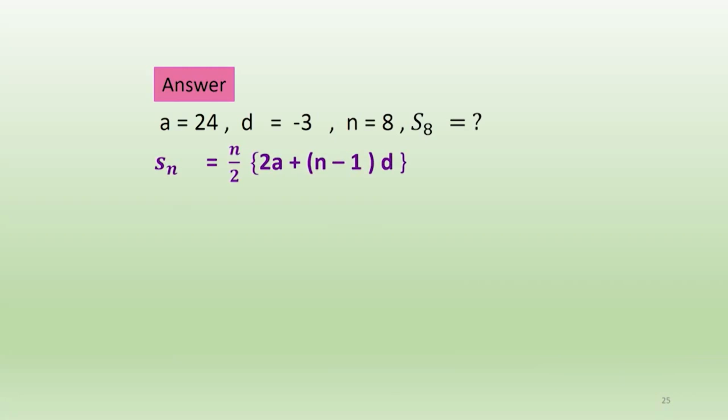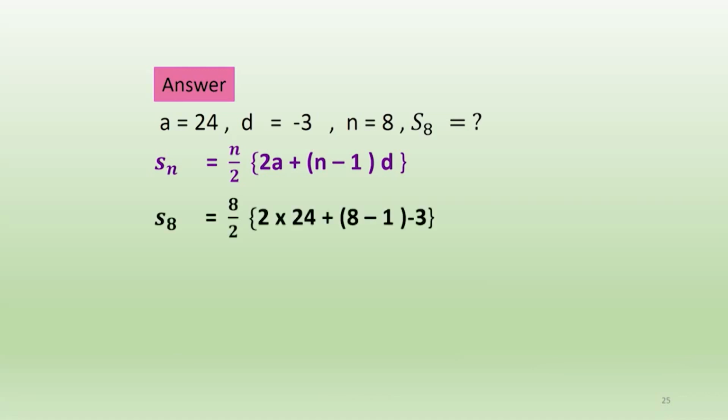Sn equals n over 2 times 2a plus n minus 1d. Okay, here we have to substitute the given values. What are the values here? Sn equals n over 2 times 2a plus n minus 1d. A is 24, d is minus 3, n is 8. Then we are going to find S8, the total number of bars up to the 8th term.